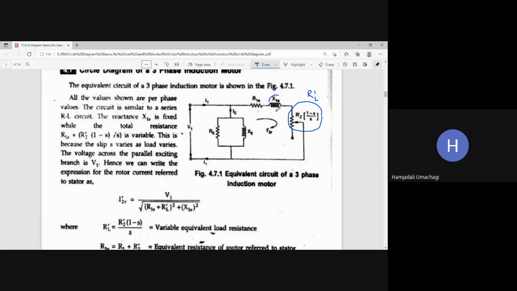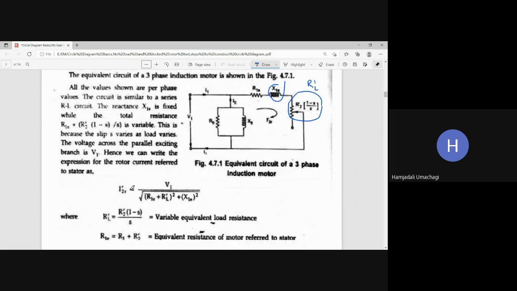Therefore, I dash 2R is equal to stator voltage V1 divided by the square root of (R1E plus R2 dash into (1 minus S) upon S) whole square plus X1E square. Altogether this is I dash 2R.